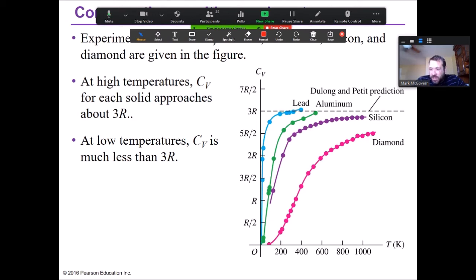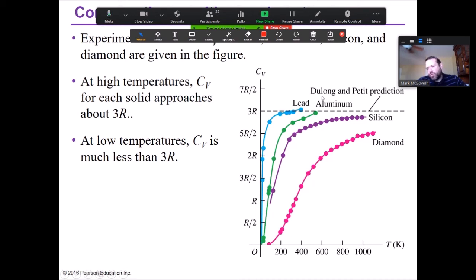It's because the carbon bonds are very, very good, put it that way. So diamond is resilient. But it's not like lead and aluminum. Those are more malleable. When things are more malleable, things have more freedom to shift around. And we find that at room temperatures, lead and aluminum behave very closely to the prediction that things are going to be at 3R.